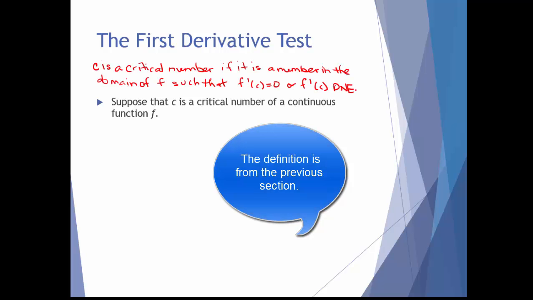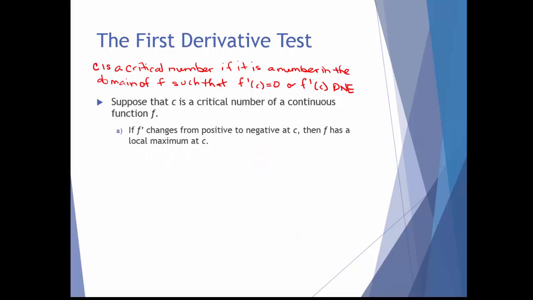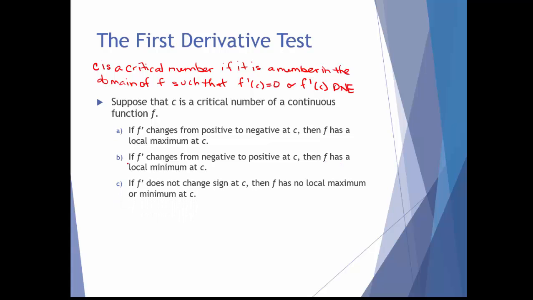So assuming that you have found these critical numbers of your function, if your derivative changes from positive to negative at a critical value, then f has a local maximum at that critical number. If your derivative changes from negative to positive at the critical number, then f has a local minimum at that critical number. And if your derivative does not change sign at your critical number, then it doesn't have a local max or a local min there.